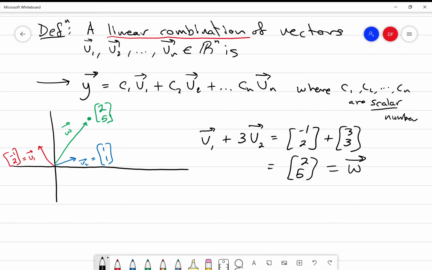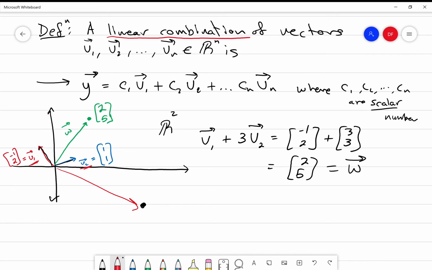And actually, for these two vectors v1 and v2, any point I choose in R2, this is R2, right, two-dimensional space, I can represent this vector here as a linear combination of v1 and v2.